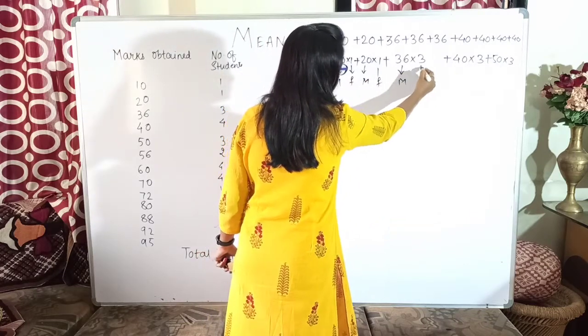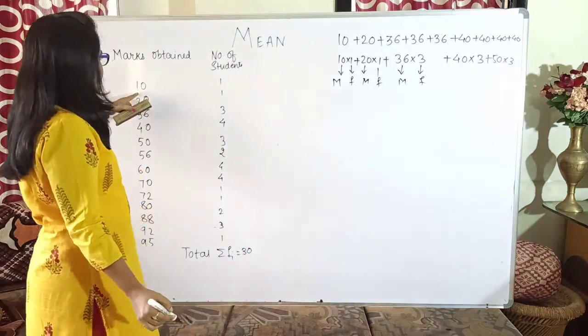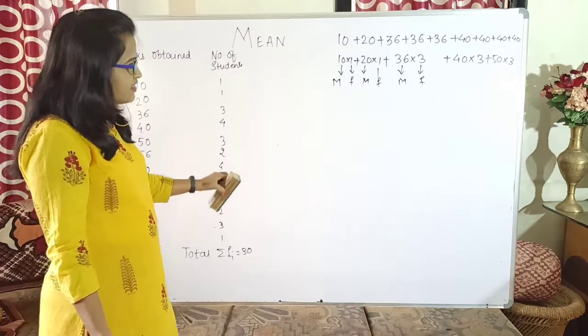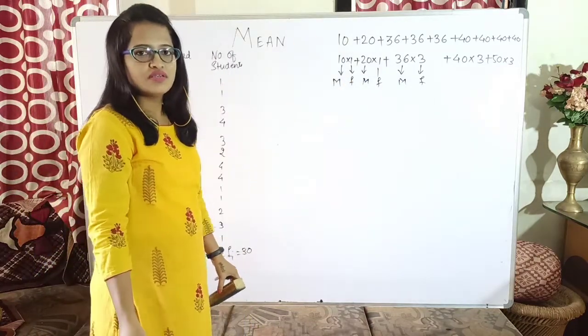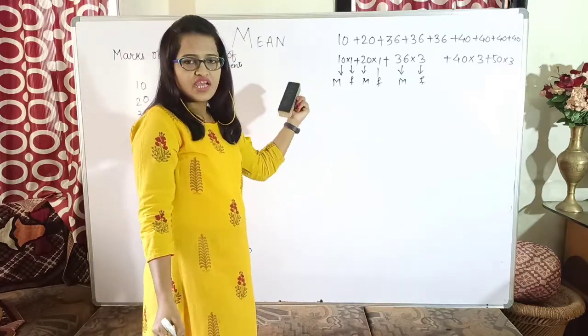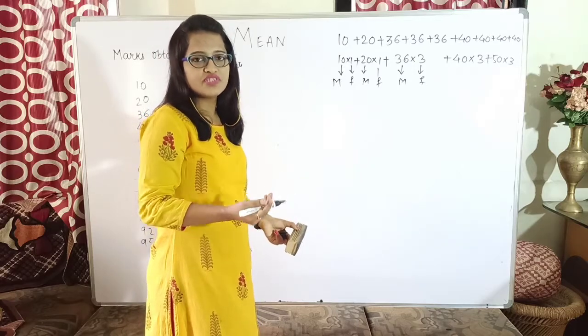So you are actually multiplying the marks obtained with the frequency, isn't it? And then whatever values you are getting, you are adding them all. Fair enough? So before adding, we have to multiply all the marks obtained, or all the observations, with their respective frequencies.